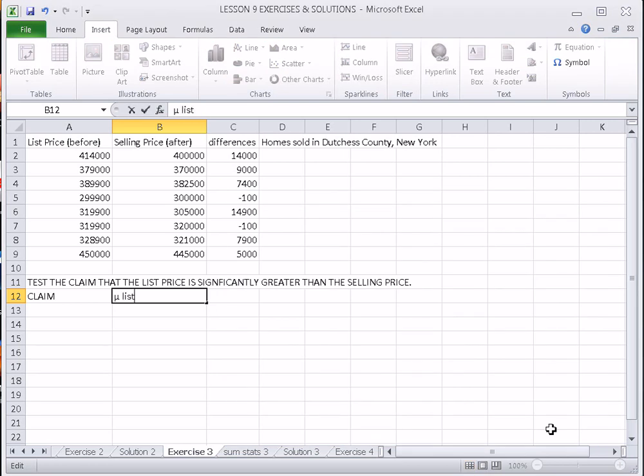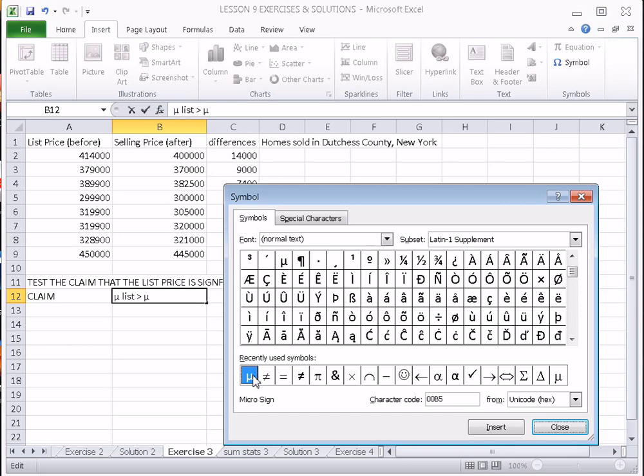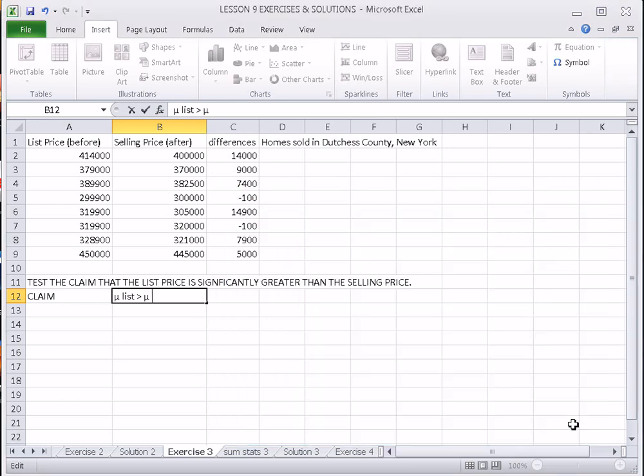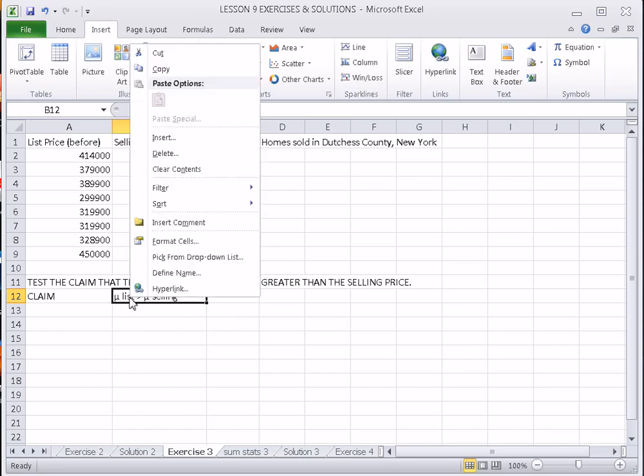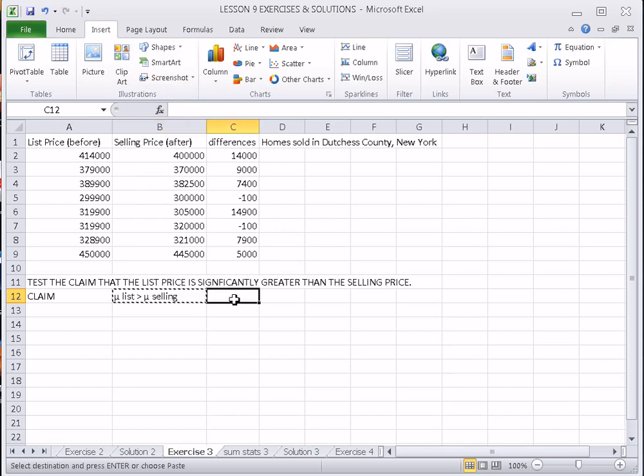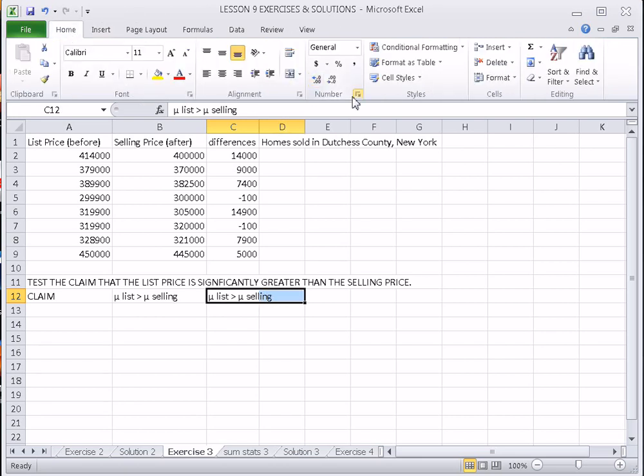The mean of the list is greater than the population mean of the selling, which is equivalent to the difference between these being greater than 0.